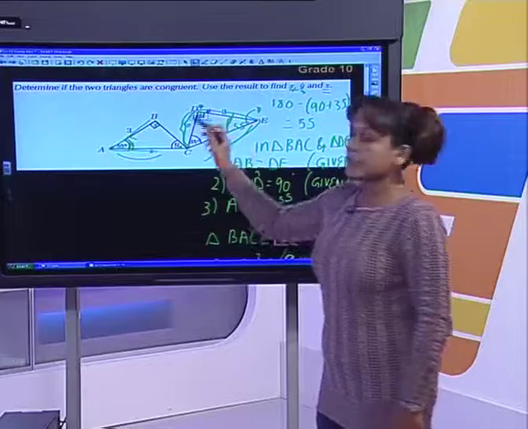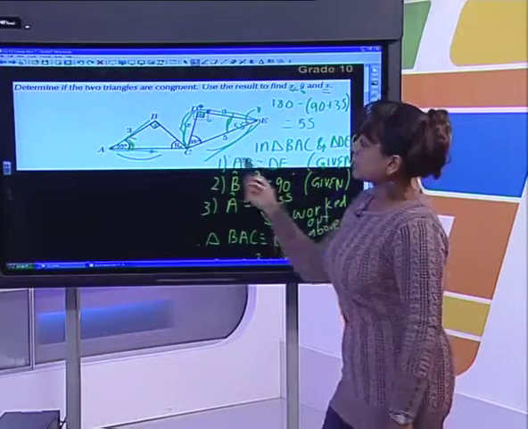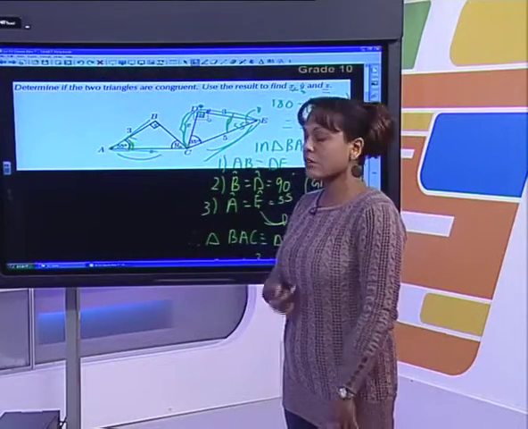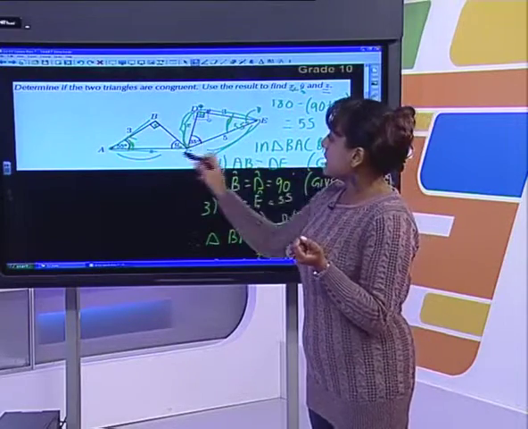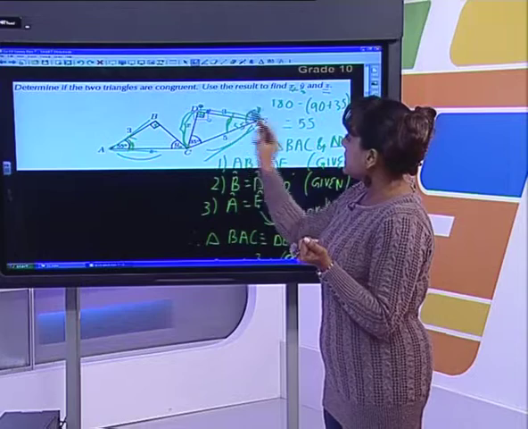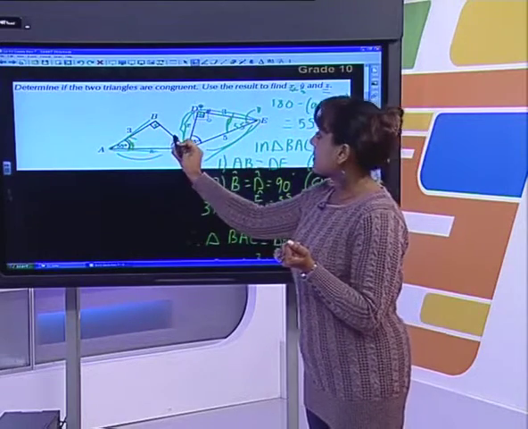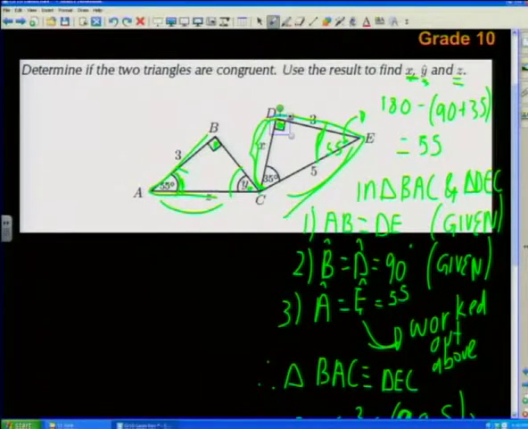Looking in triangle ABC, we can just use the sum of angles of a triangle. Or you can just say, well, if triangle BAC is congruent to DEC, then this angle y should be equal to that angle 35, just because they're congruent. Remember, when triangles are congruent, they're exact replicas of each other.